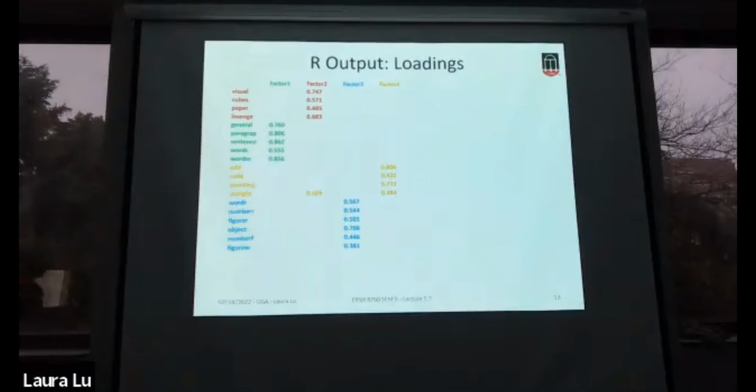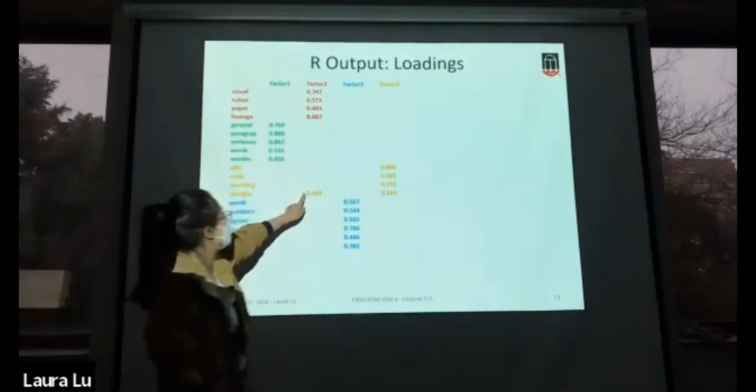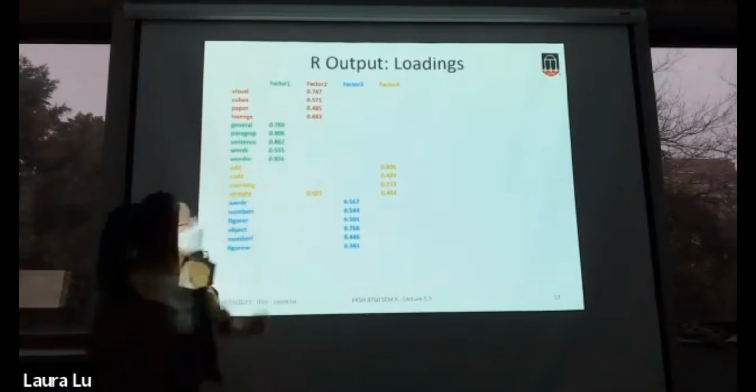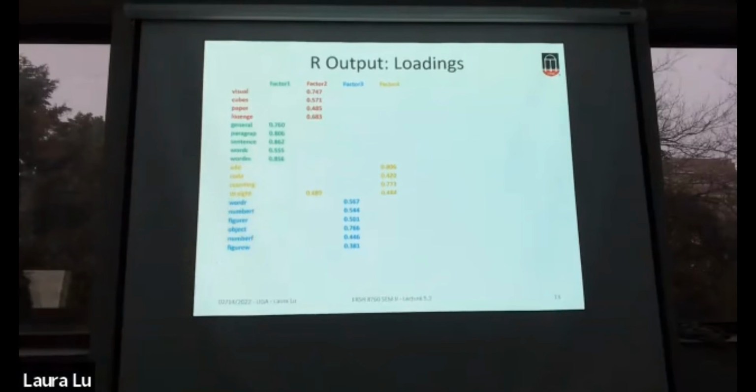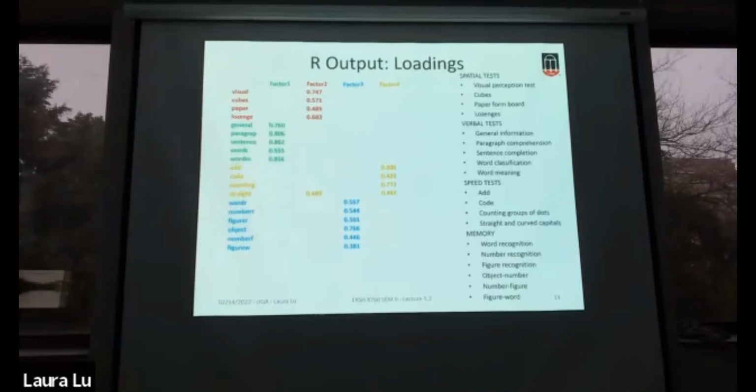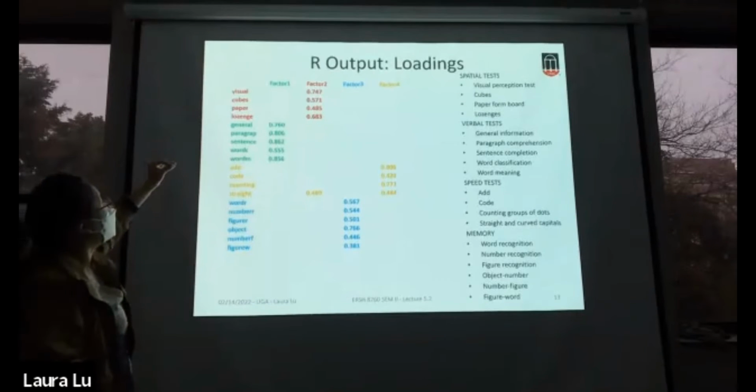Based on this pattern, I still keep this number here. So based on this pattern, we can decide: the red one, visual cube paper lavage.